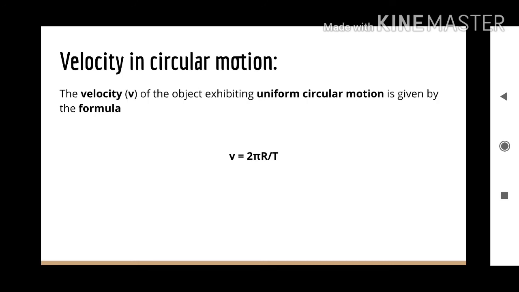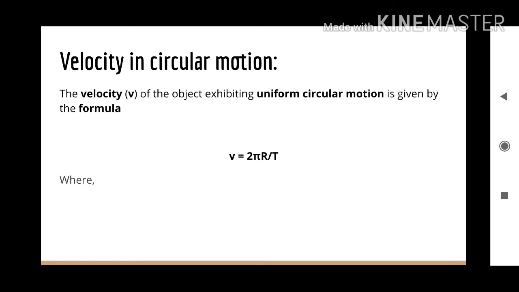The object was covering a circular distance, so that circular path is nothing but the circumference of the circle with fixed radius. So 2 pi r is the circumference of that path that the object is tracing, and t is the time taken. Here pi is the constant which we know has the value 3.14 or 22/7.